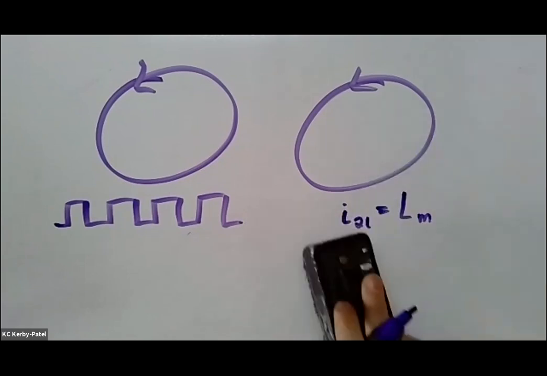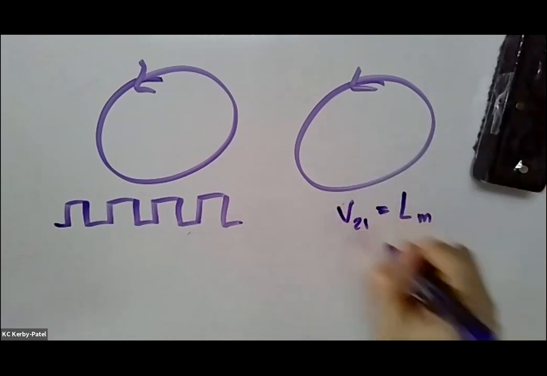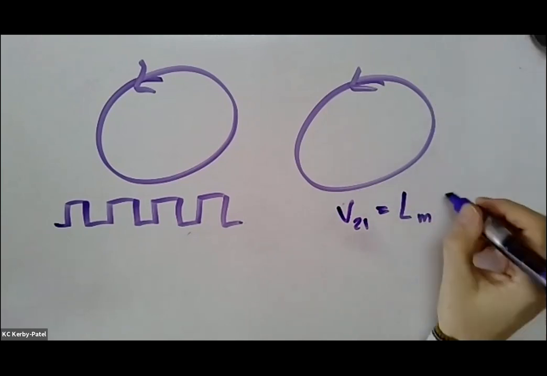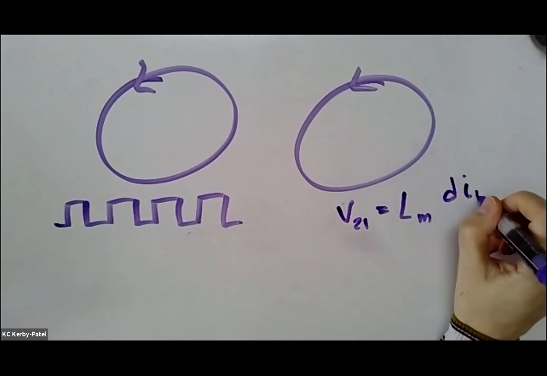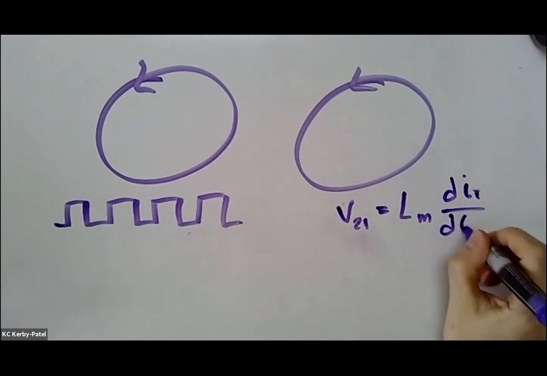Oh, I'm sorry, I did this wrong. This is a voltage. That mutual inductance times the time derivative of the current on circuit 1.